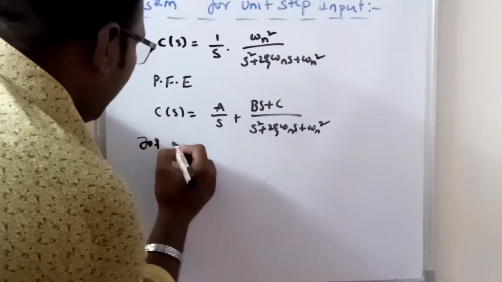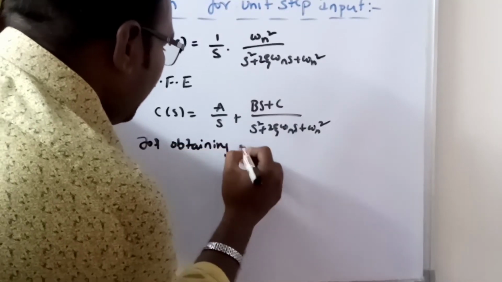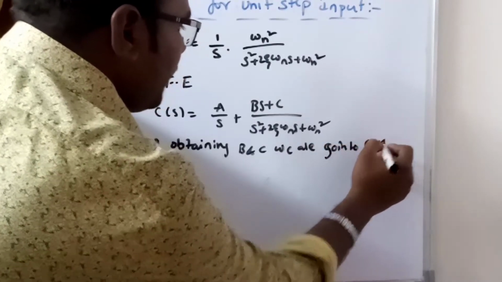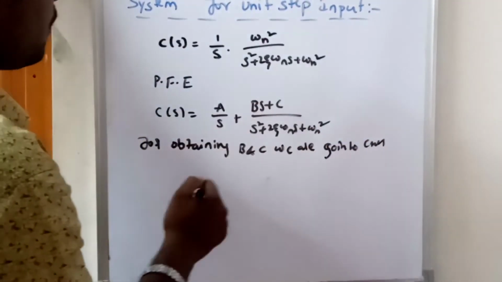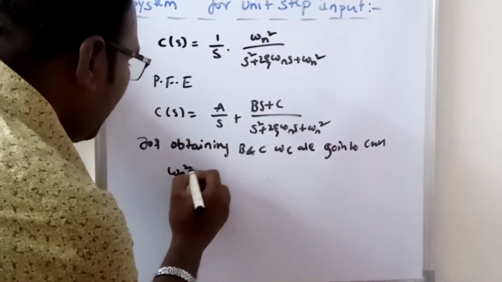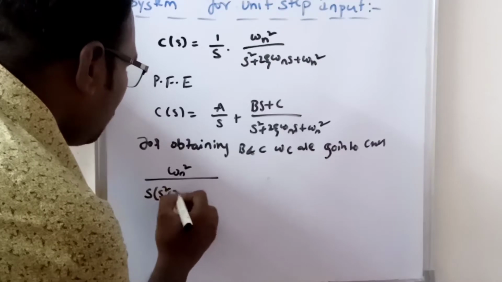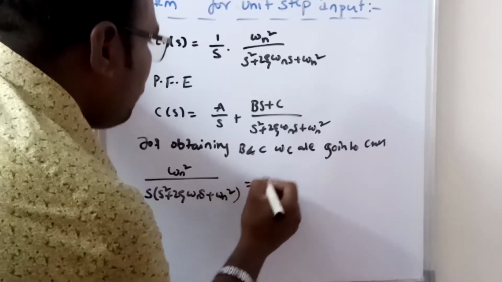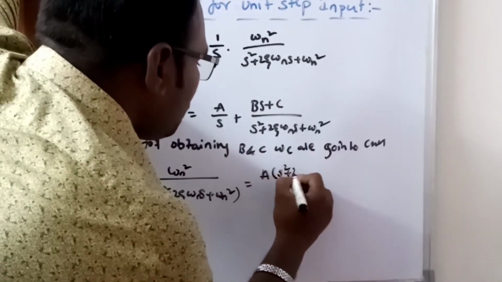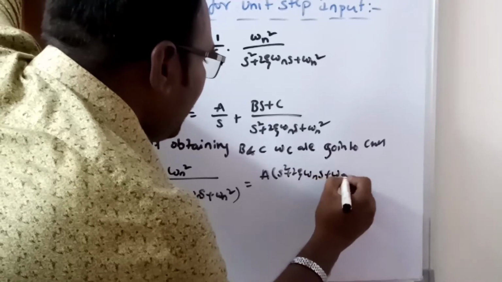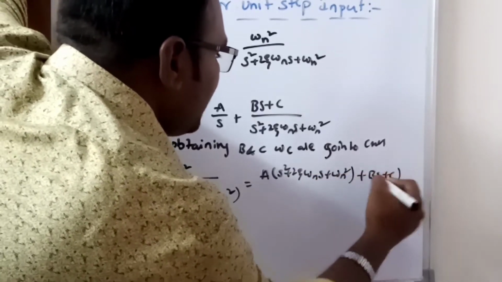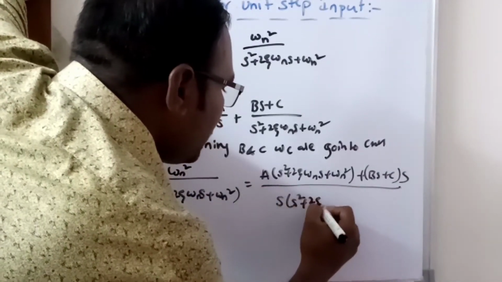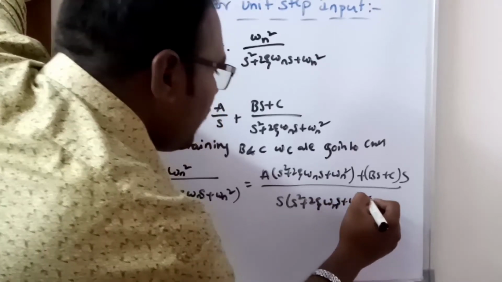For obtaining b and c, we are going to cross multiply these terms. So omega n square by s into s square plus 2 zeta omega n s plus omega n square is equal to a into s square plus 2 zeta omega n s plus omega n square plus bs plus c into s, divided by s into s square plus 2 zeta omega n s plus omega n square.